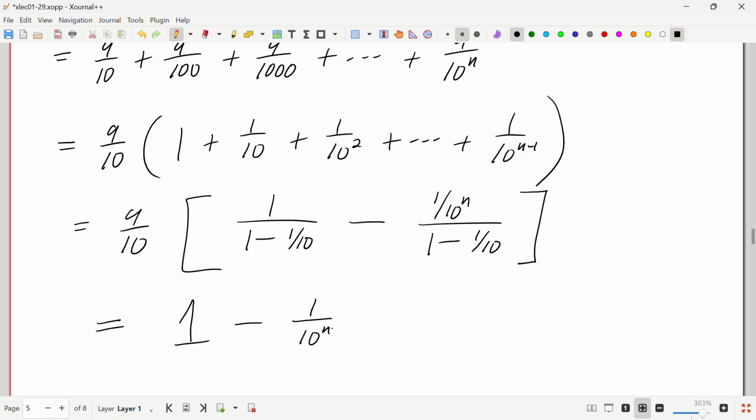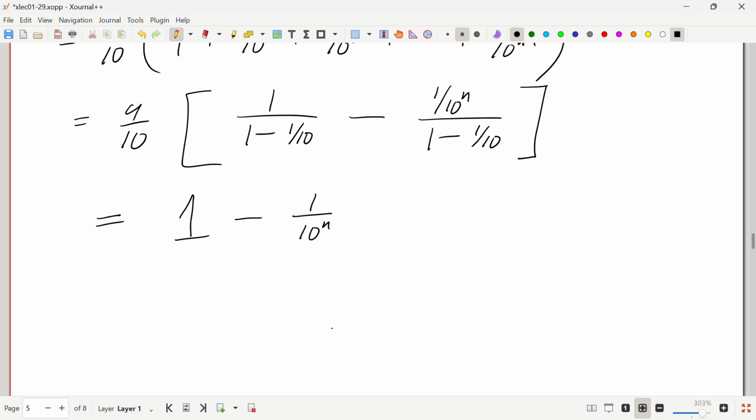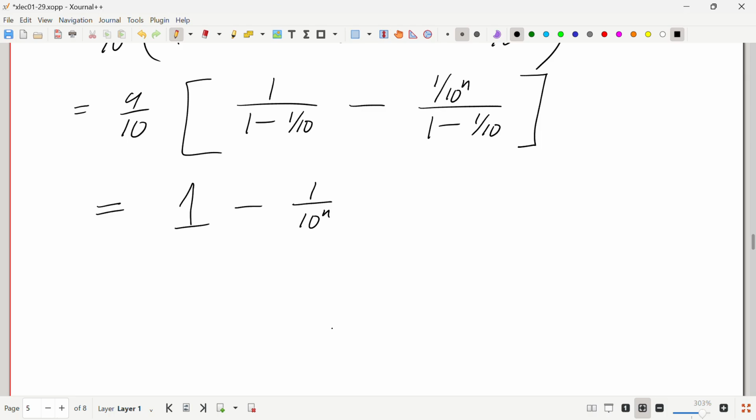And in fact, if you let n go to infinity, you can see that these things are an increasing sequence. So 0.9, 0.99, 0.999, ... is an increasing sequence.